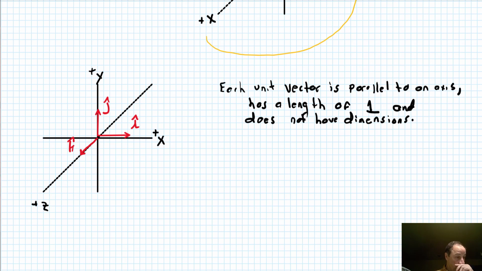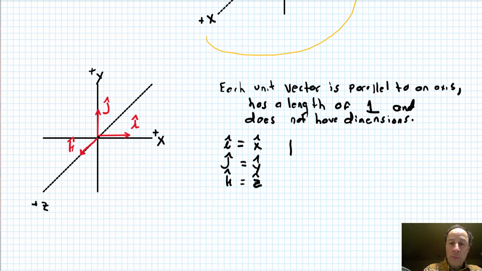Okay, so these can be written two ways. Typically, it's i hat, but that's the same as x hat, j hat is y hat, and k hat is z hat.